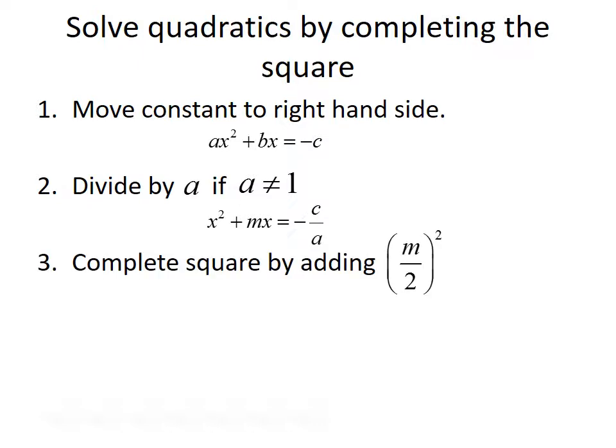Next, we'll actually complete the square by adding m divided by 2 quantity squared. And remember, whatever you add to one side of the equation, you have to add to the other side of the equation to keep things equal. So that would give us x squared plus mx plus m over 2 quantity squared equals negative c over a plus m over 2 quantity squared.